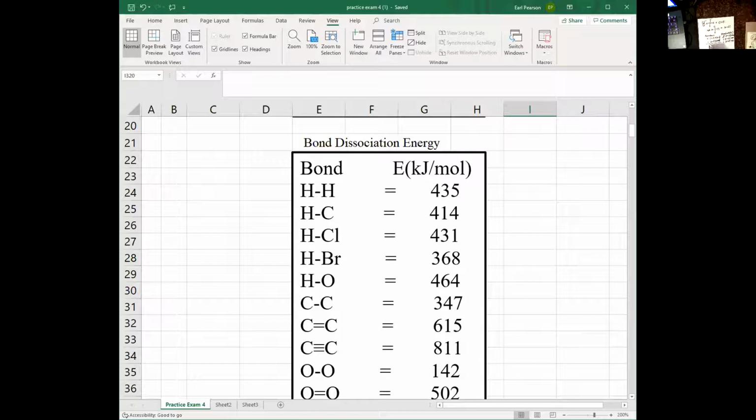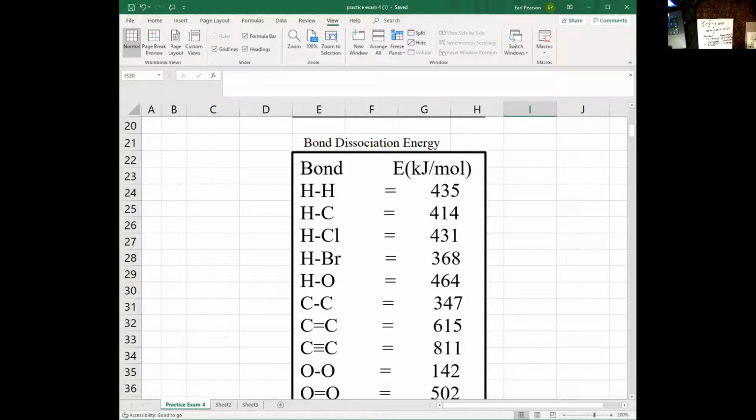Okay, on the reactant side, I've got a total of 1899 joules involved in all of these bonds. Well, it's kilojoules, I guess it is. Now, over here, I need 3 times the 414, so it's 3 times 414.